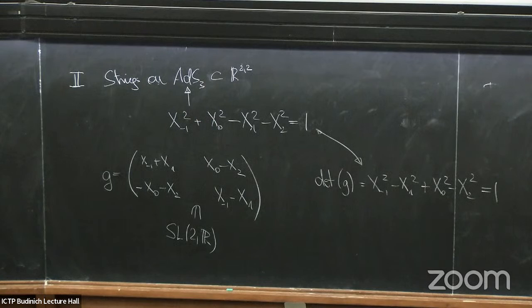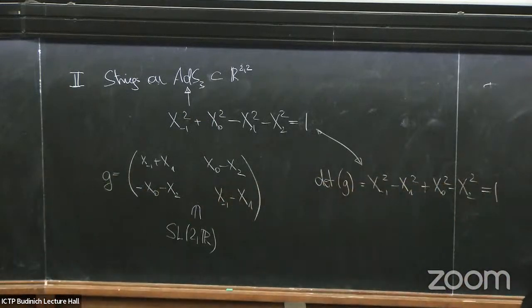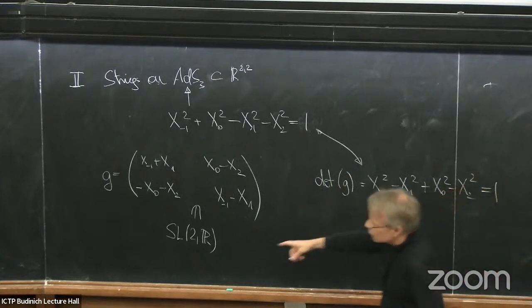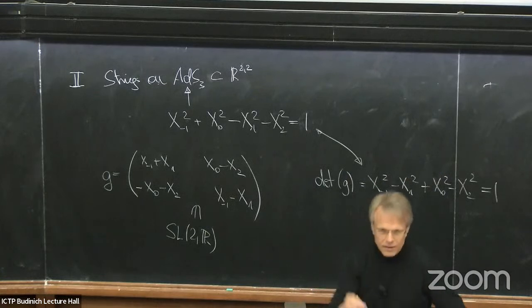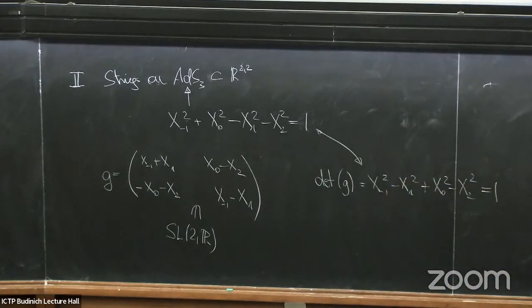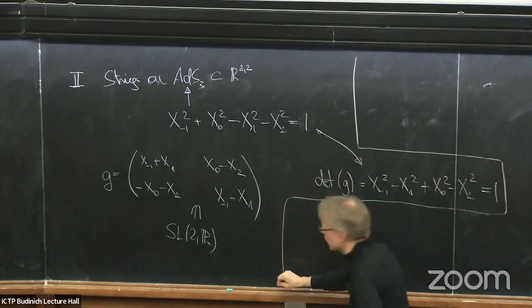That's one of the reasons why AdS3 is so simple: it's a group manifold, namely the group manifold of SL(2,R). It's not exactly like that, but almost. You have to go to the covering group, but I'll come to that because it will play an important role. Okay, so this is simple.